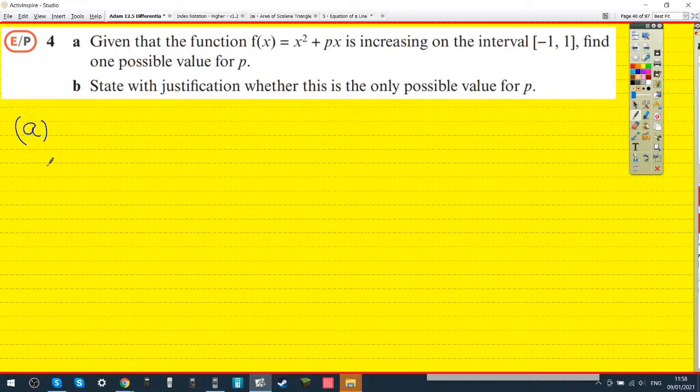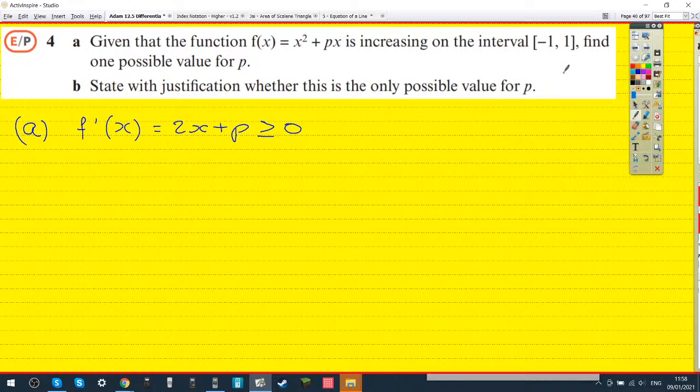So it'd be 2x plus p. So would you substitute minus 1 into that? Well, it's increasing. So what do you know about this? It's positive. And how do you write that as an inequality? 2x plus p is greater than or equal to 0.